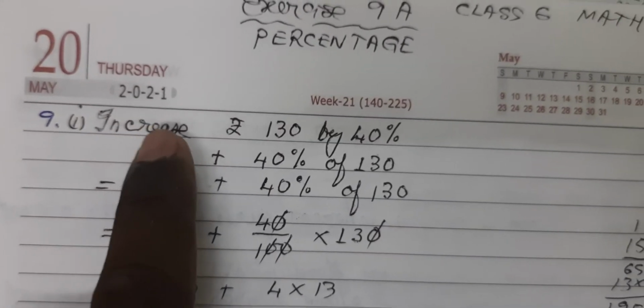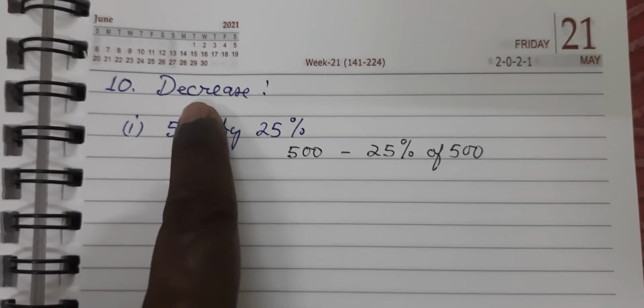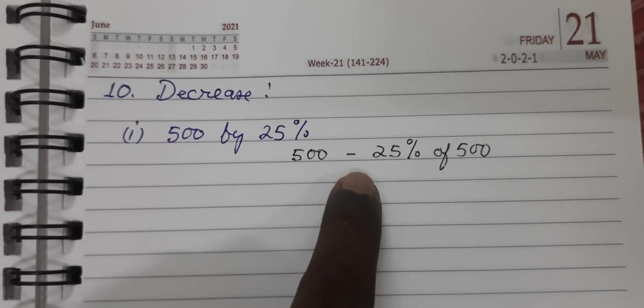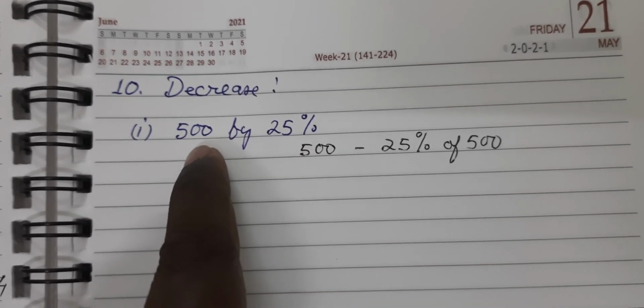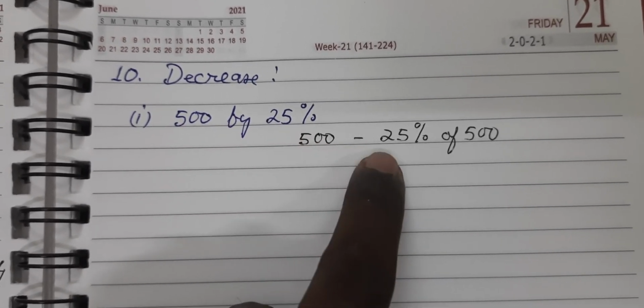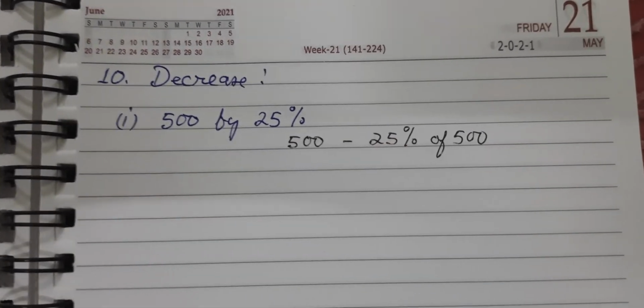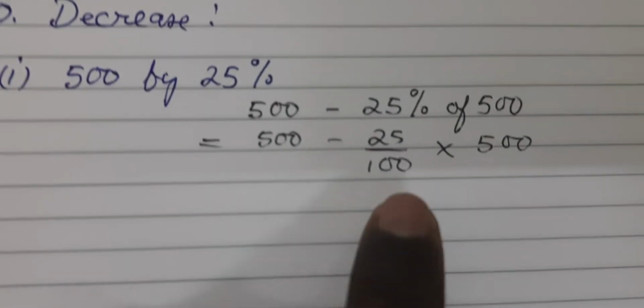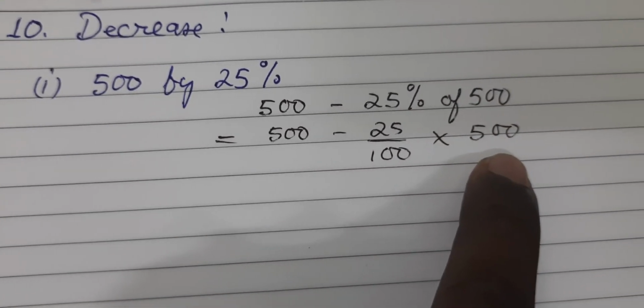Next question is decrease. It is opposite of question 9. In 9 it was asked to increase, so we added. Now it is asked to decrease, so we will subtract. 500 will be decreased by 25% of itself only. So 500 minus 25% of itself, that is 500. To remove percentage, we give divided by 100. Of means multiply 500.